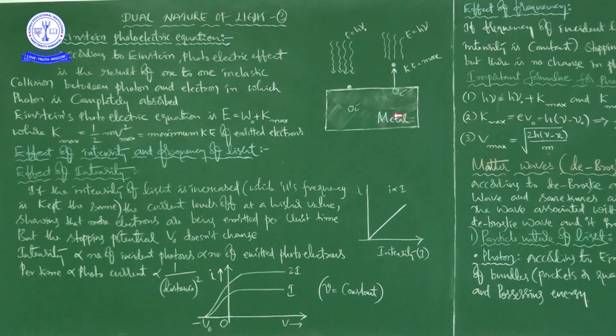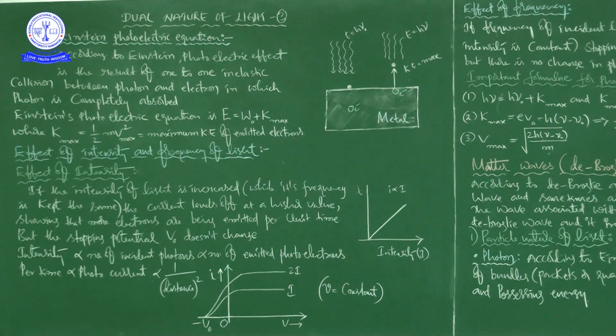That is what we are observing in the case of photoelectric effect. When the electron comes out from a metal, with a velocity and mass of the electron, we know the electron has a certain amount of kinetic energy.